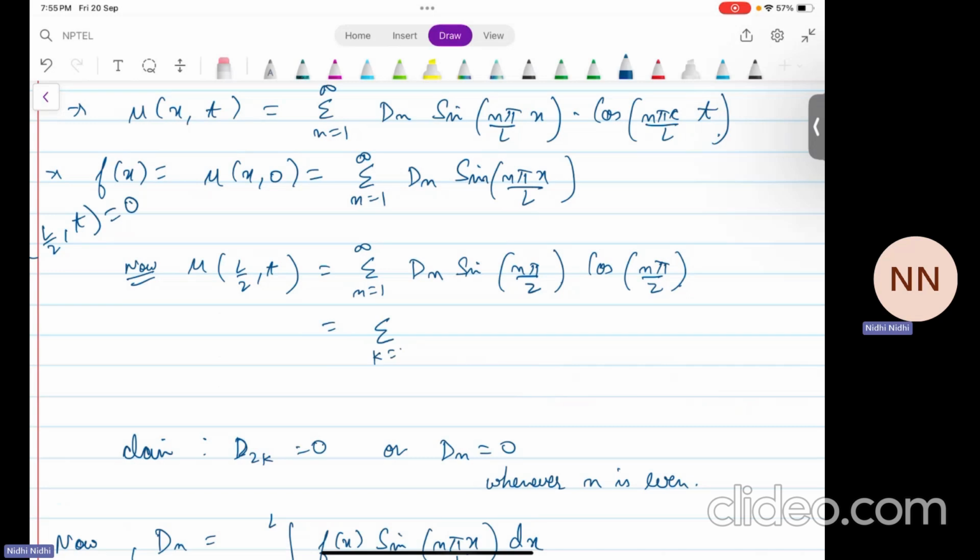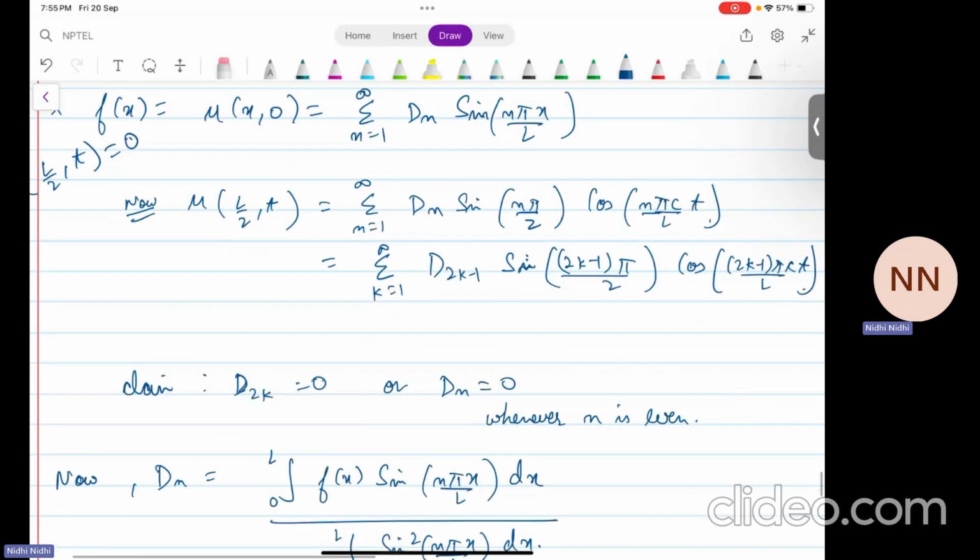I'll just write sum k equals 1 to infinity d 2k plus 1 sine, in that case we'll have to start with 2k minus 1, 2k minus 1 pi by 2, cos n pi c by L times t. So this will be 2k minus 1 pi c by L t.